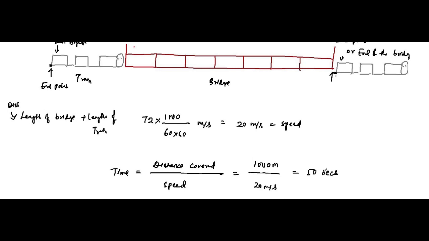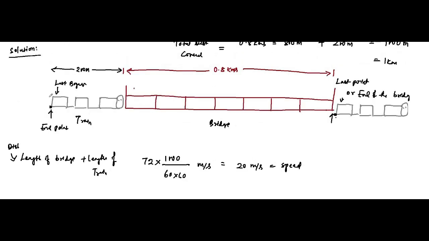50 seconds. This is the time taken for the train to entirely cover the bridge, which means the last ending point of the last bogie has to cover the last point or end point of the bridge.